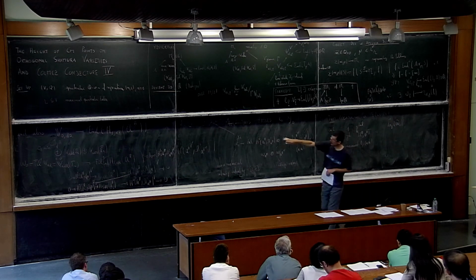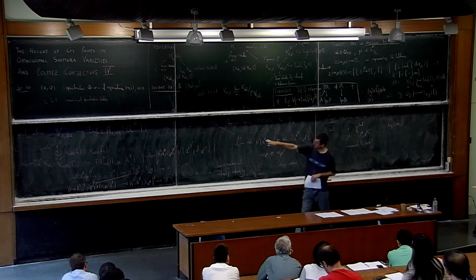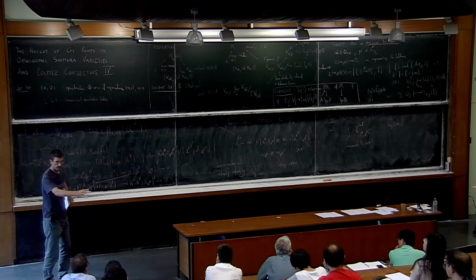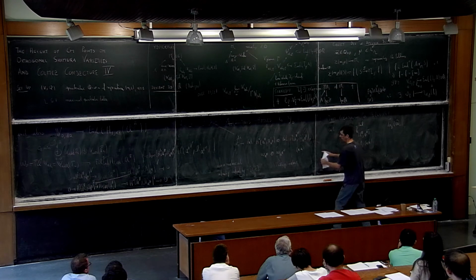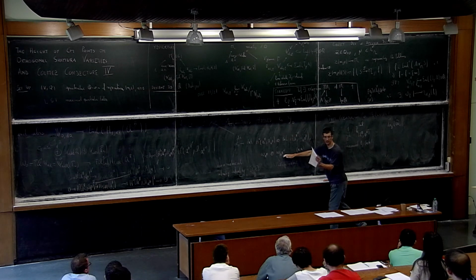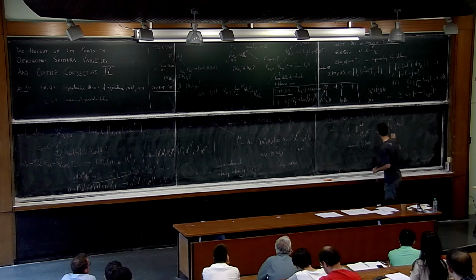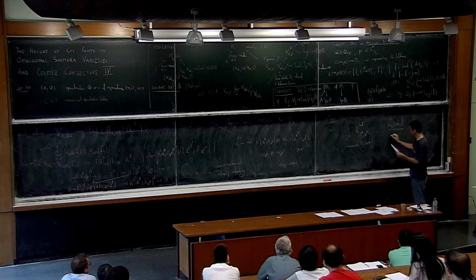Well, here remember that my big CM cycle will consist of many points, right? And here, in a sense, I'm interested in the height of simply one of the representatives. So I have to remember to divide by the number of points that I have.